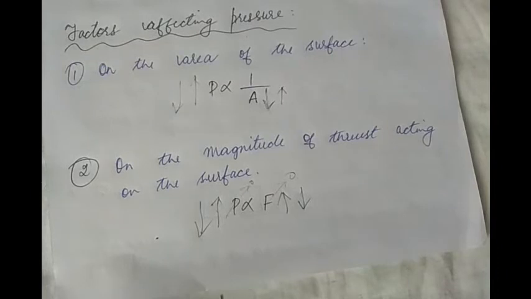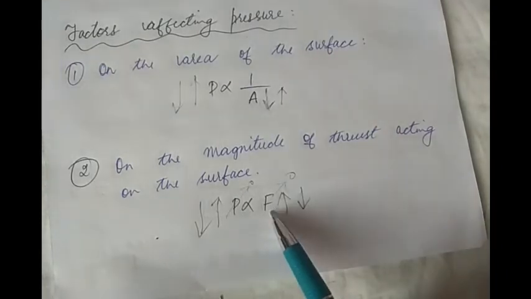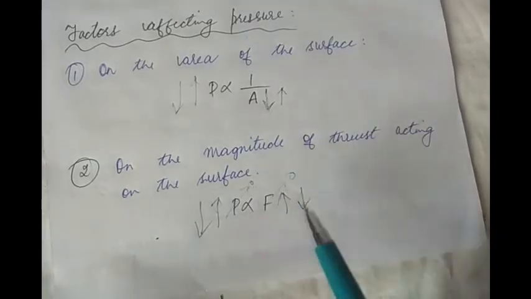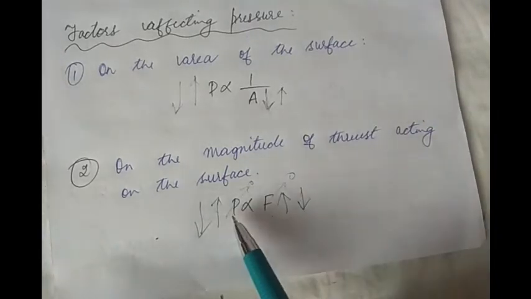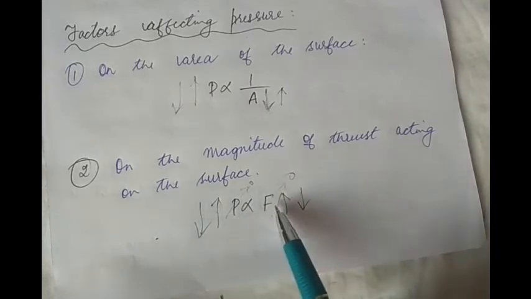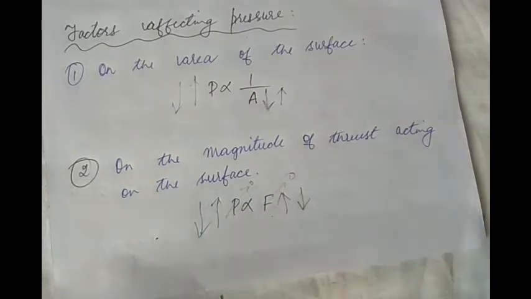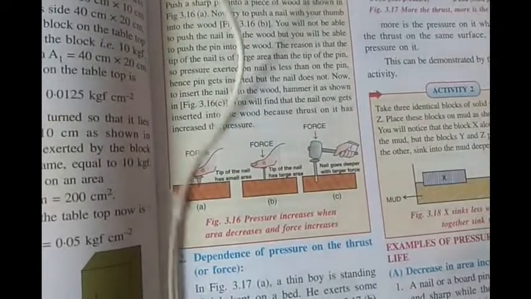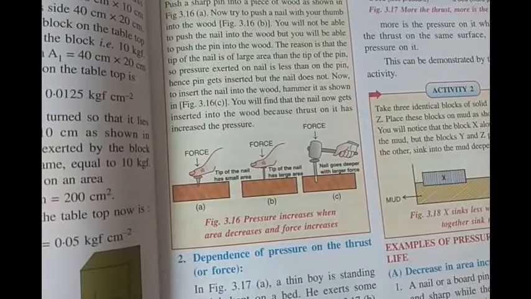Remember that. So if the thrust acting on the surface is lesser, the pressure will be lesser. If the thrust acting is more, the pressure acting will be more. Of course, if there's no force acting, there will be no pressure. To give you an example, let us take the example of this nail, force acting on the nail.